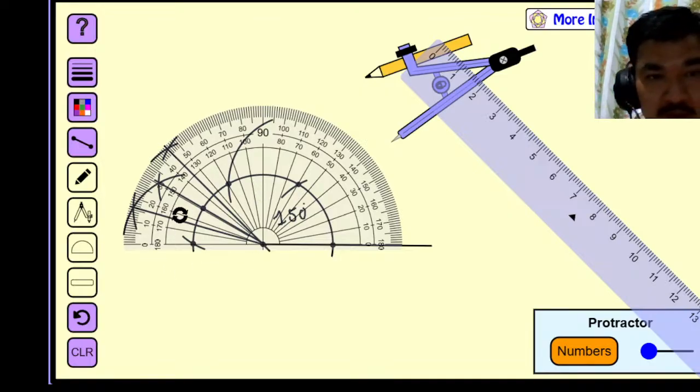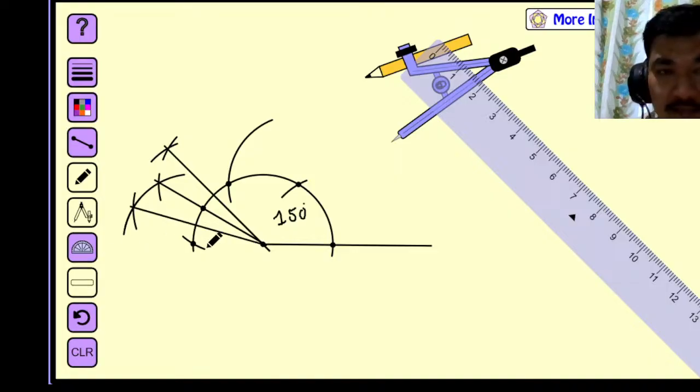Like this we construct 135, 150, 165, and then the last one was 180. Now you can put this compass at the side.